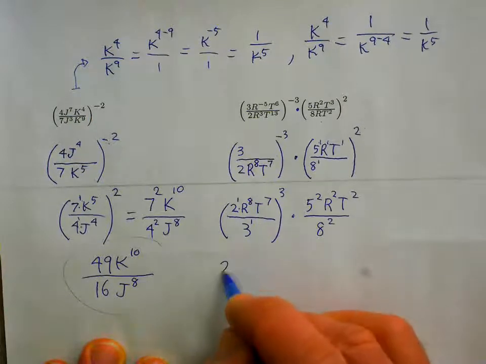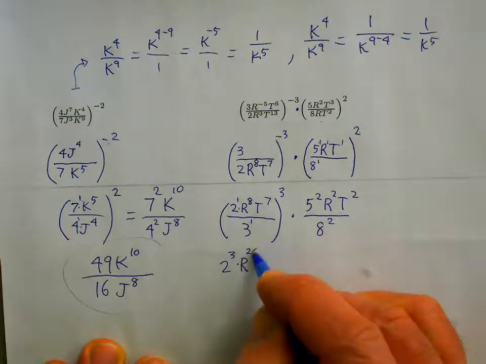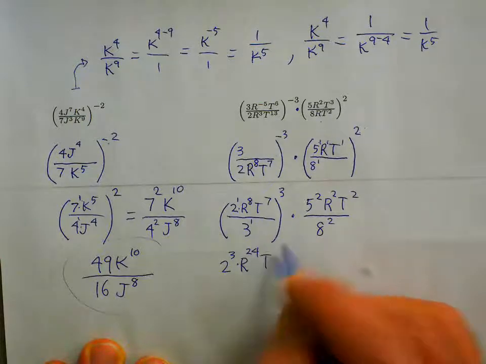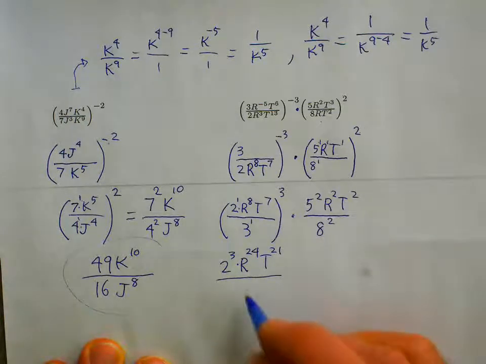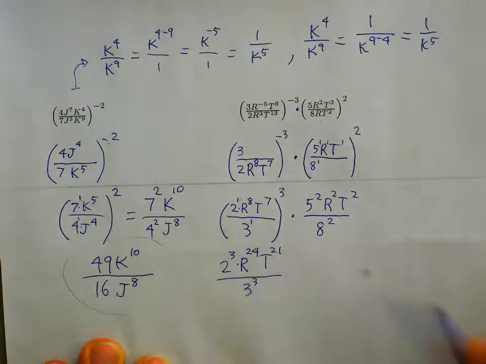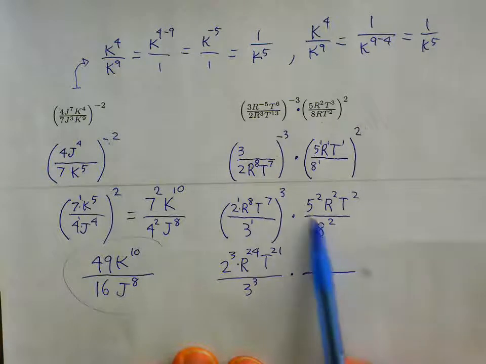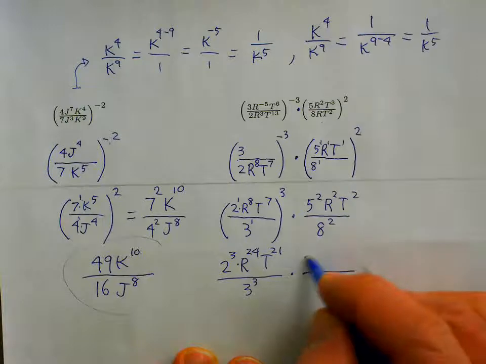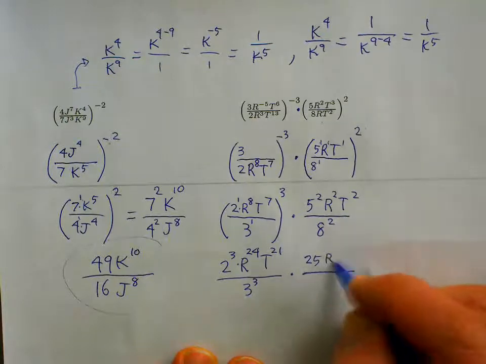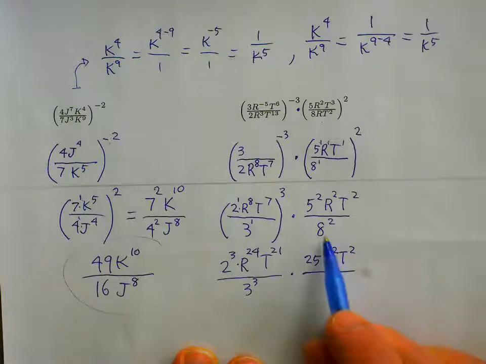So we'll get 2 to the 3rd times r to the 24th times t to the 21st divided by 3 to the 3rd. And we can simplify this expression on the right. 5 to the second is 25, and then r to the second times t to the second. And in the denominator, we have 64.